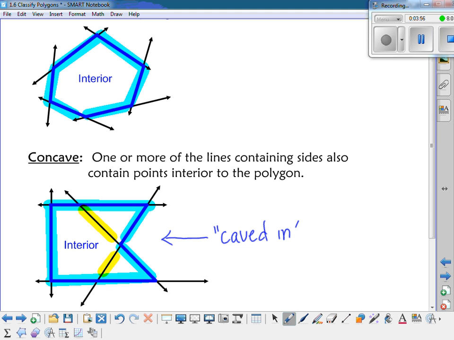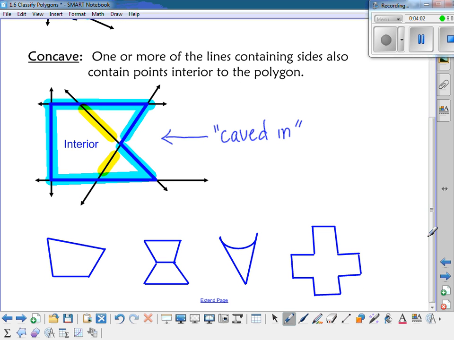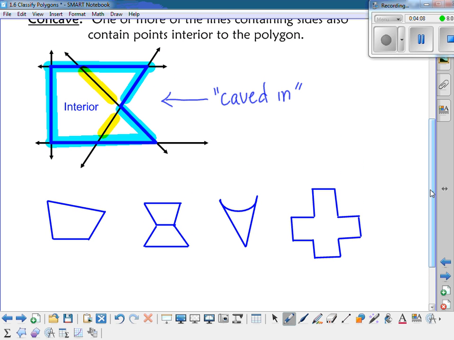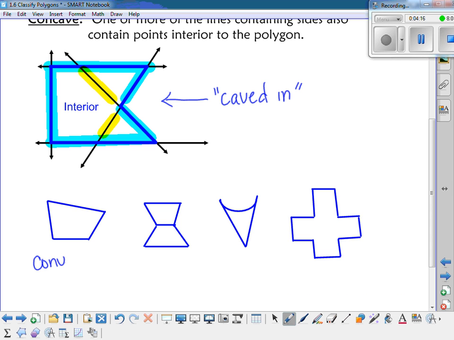If it's got a side that's caved in, then it's concave. So if we look at these figures here, and I want to describe what they are, the first one is not caved in, so it is convex. It's a convex polygon.